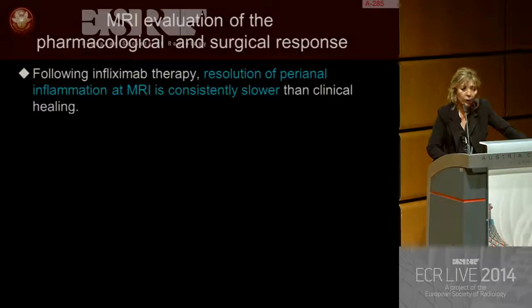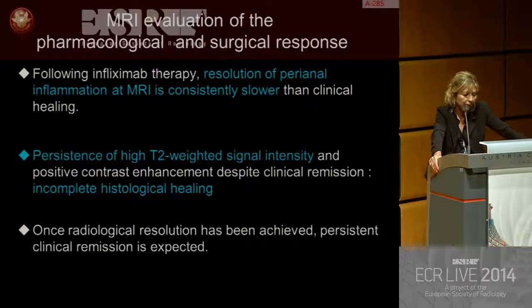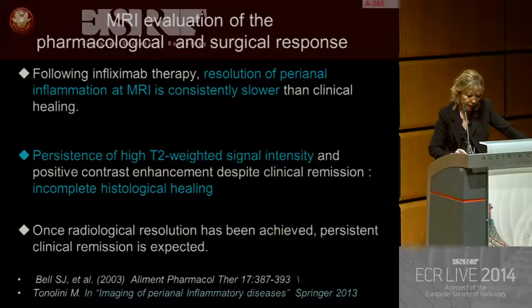Anyhow, what is important to remember here is that the resolution of perianal inflammation at MRI is consistently lower than the clinical healing, and the persistence of T2-weighted signal intensity and contrast enhancement is a sign of incomplete healing. Instead, when radiological resolution is achieved, usually the fistula is in remission.